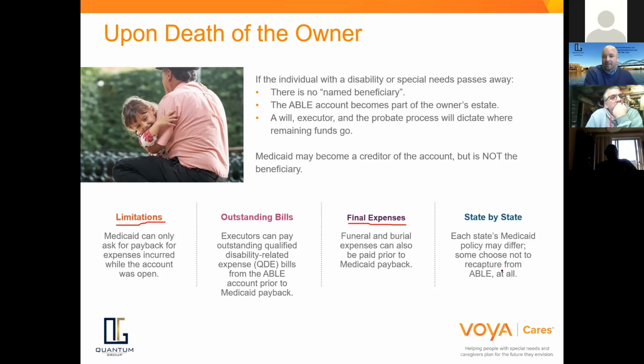If you looked at it right now, many ABLE accounts are probably not over $50,000, and that's probably a high number. I'd say on average you're probably sitting between $10,000 and $15,000 in an ABLE account. Final expenses and outstanding bills will most likely take care of most of the balance and help the family.